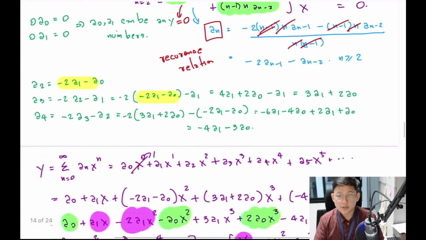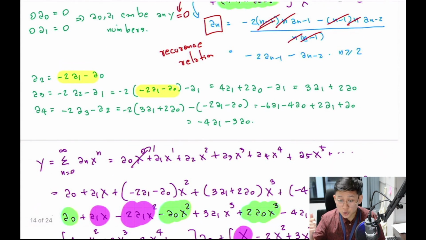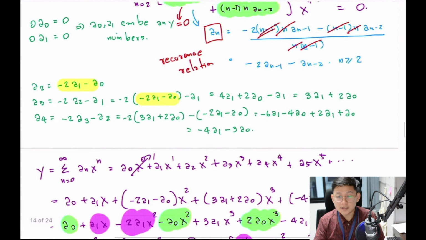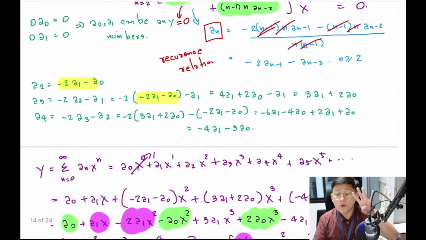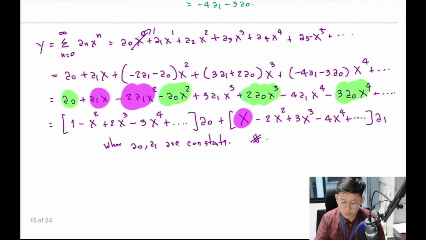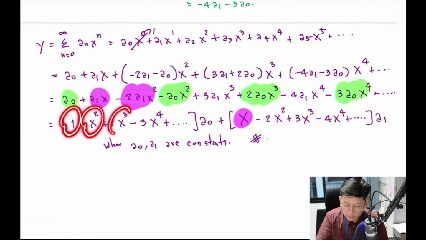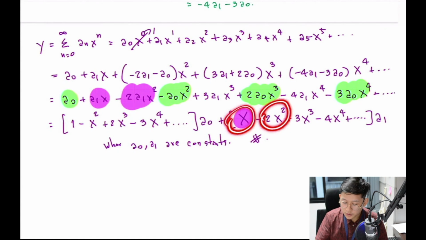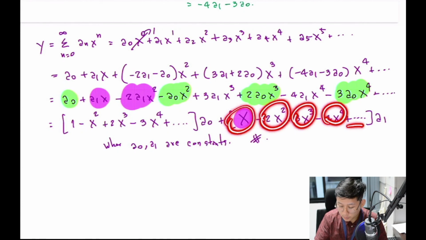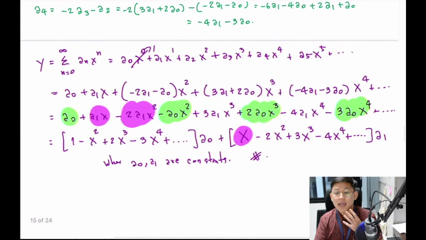After that you can find a1, a2, a4, a5, blah blah blah, until you make sure that you get 4 terms for a0 and a1. For example, here you get 1 term, 2 terms, 3 terms, 4 terms, plus blah blah blah. So if you get a0 and a1 for 4 terms, that is done, and that is the solution.